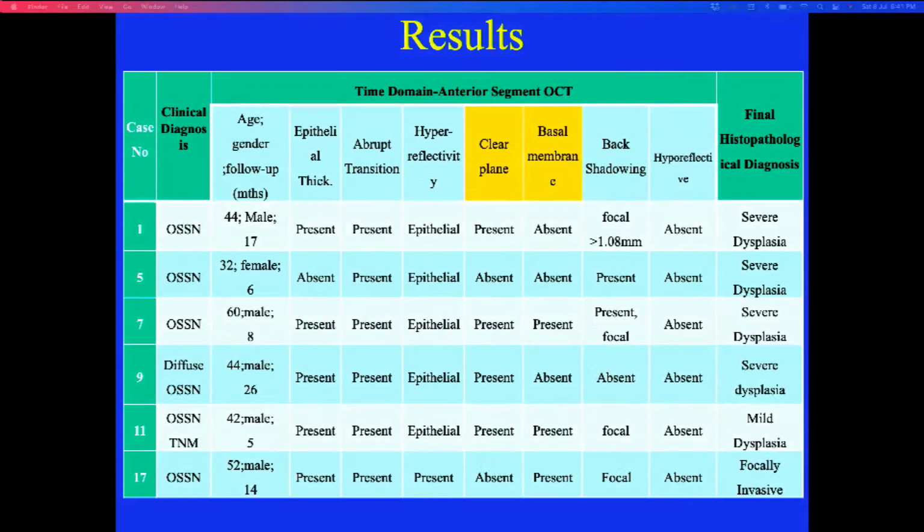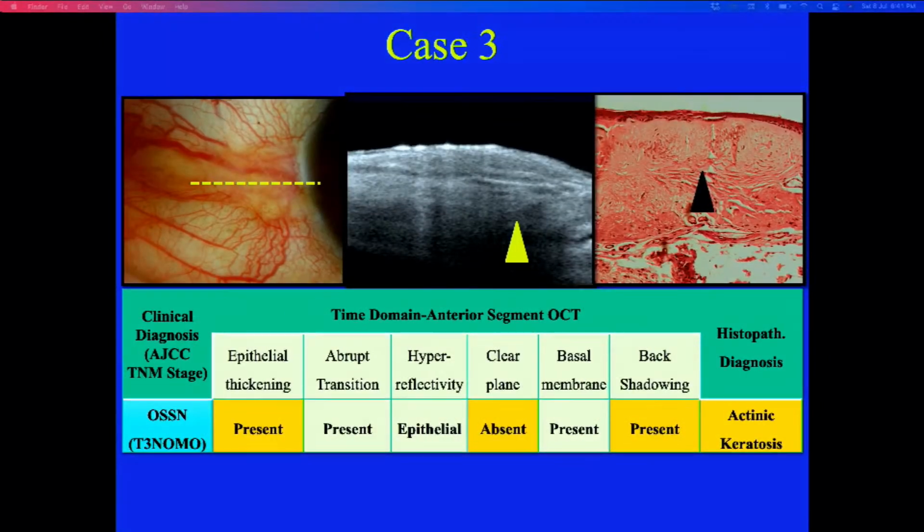Now we had a series of patients, as you can see, and I think I'll go to case 3 here. Now here, look at the challenge. The lesion was quite uncharacteristic that way. And there, you don't really make out. That means you have the abrupt transition happening, you have the thickening, but the clear plane is absent, right?